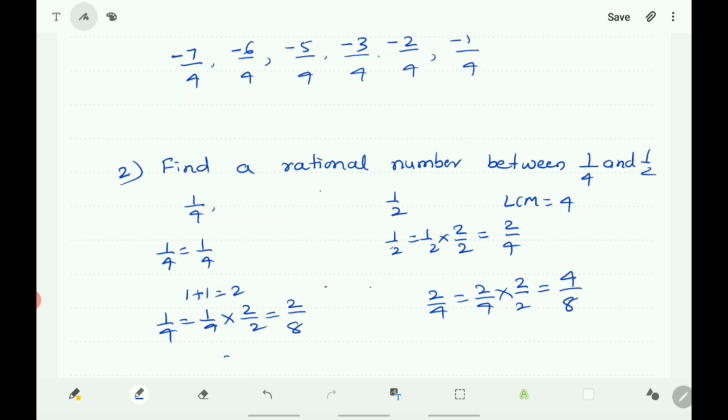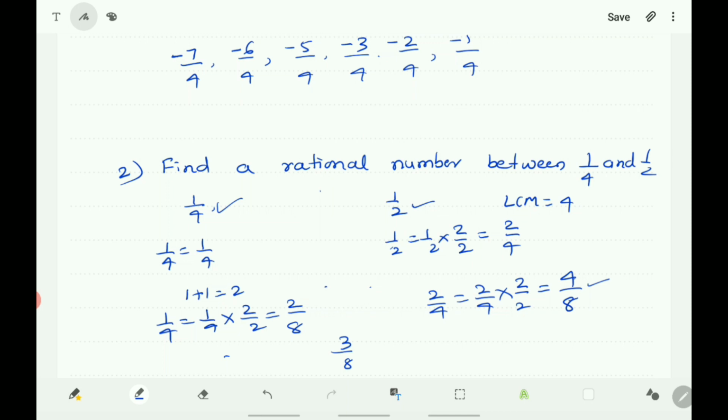So it is 2 by 8 and 4 by 8. Here 2 by 8 is nothing but 1 by 4 and 4 by 8 is nothing but 1 by 2. And you must write only one rational number. The number greater than 2 by 8 is 3 by 8. Here 3 by 8 is the only one rational number between 2 by 8 and 4 by 8.